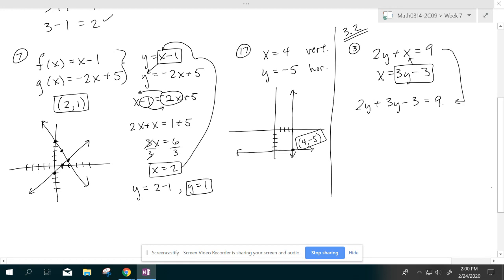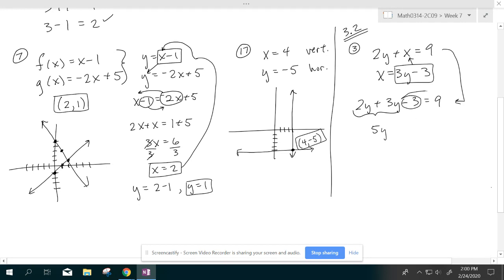Does everybody see what just happened? My first equation was 2y plus x, but x got replaced with 3y minus 3. And then I can solve for y. Combine like terms.